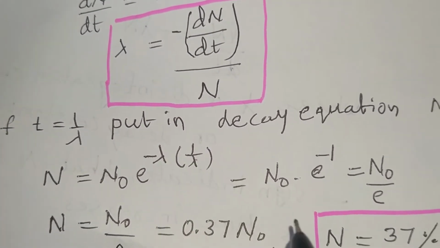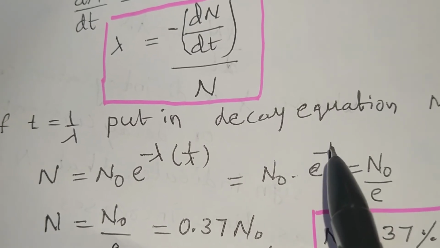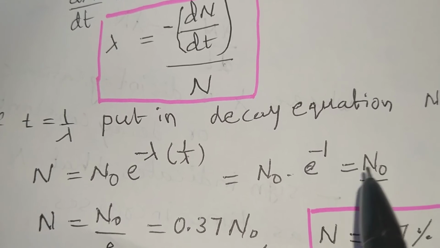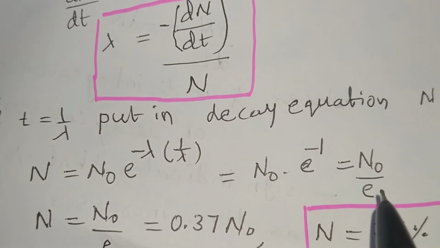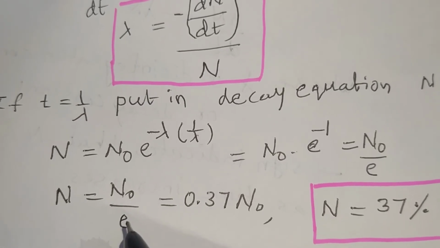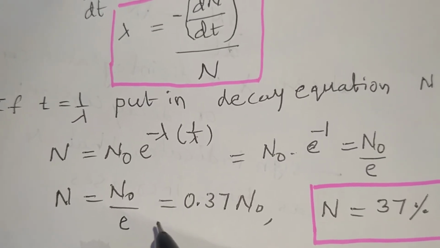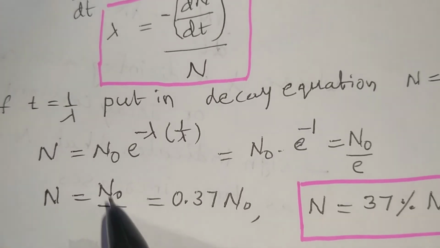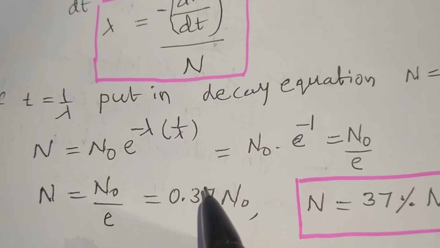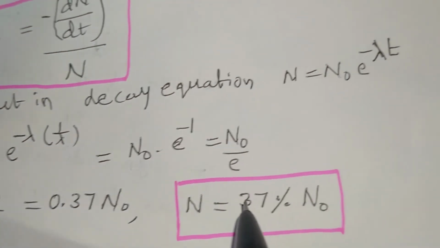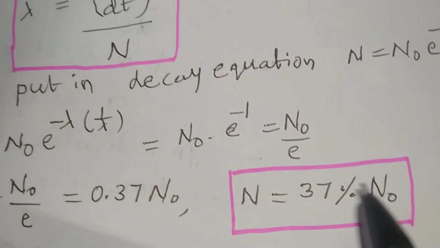Lambda cancels, giving N naught e to the power of minus 1, which is N naught by e, with e value 2.718. Simplifying, N is equal to 0.37 N naught, that is, 37% of N naught.